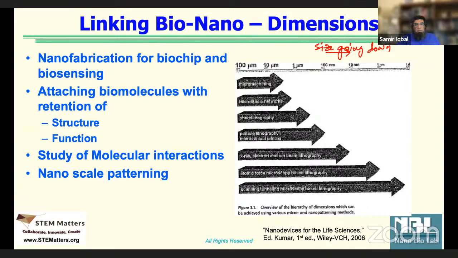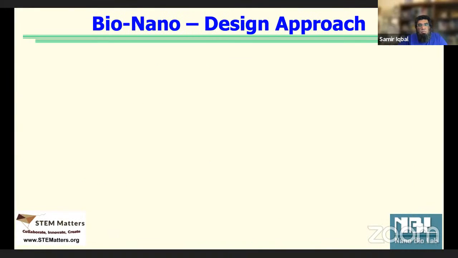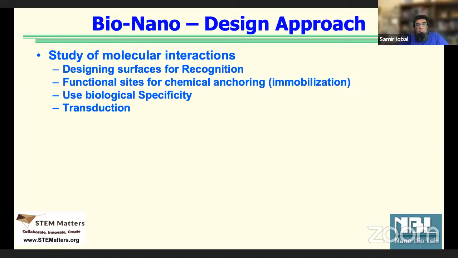So now when we design a system, we have to understand what goes into that design and how we would characterize maybe the sensing or maybe the presence of that reaction. So there are molecular interactions which are done where we immobilize them and maybe we introduce nanoparticles, maybe we introduce quantum dots.